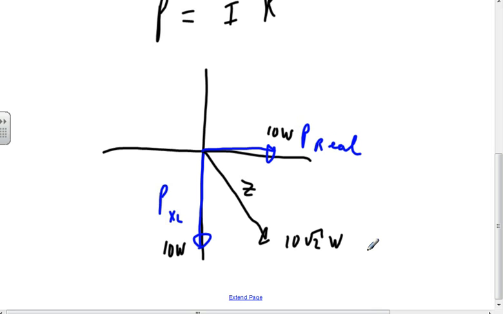It's normally the motors. The motors are in large part inductive, causing you a big inductive load. This angle between the real power and the apparent power is the power factor. What I want to do is get that angle to be smaller so that my apparent power is closer to my real power.